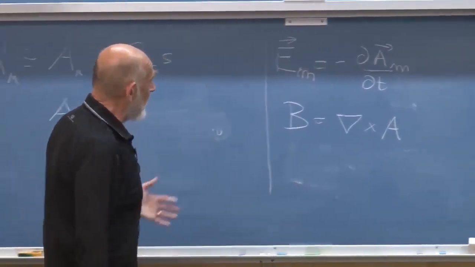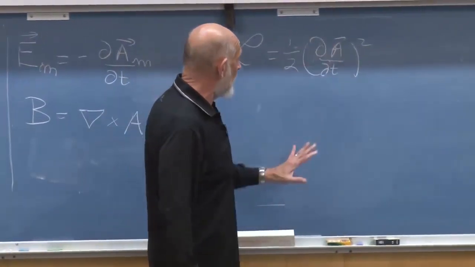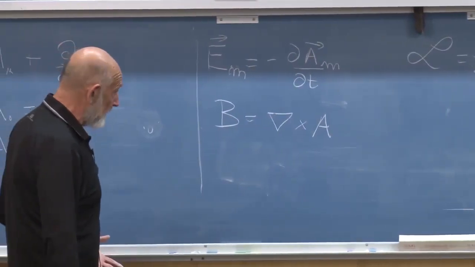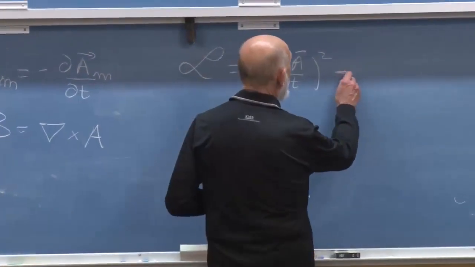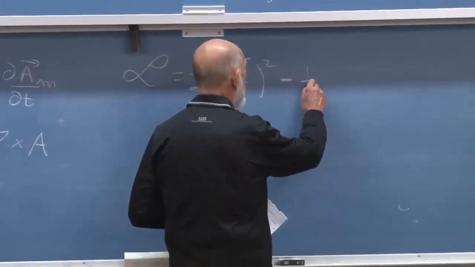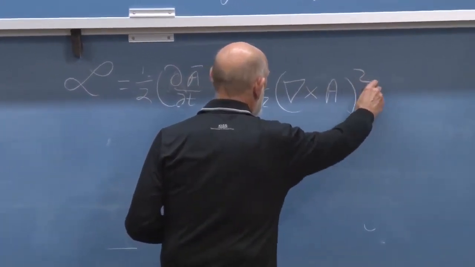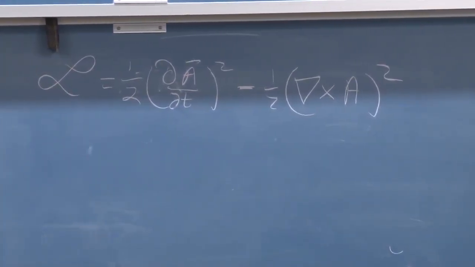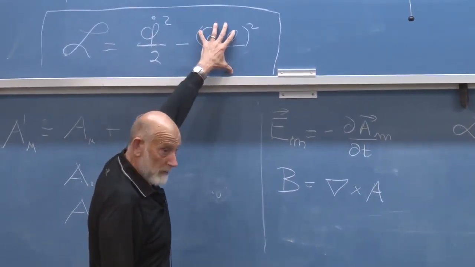So the first thing we see is that there's a kinetic energy, which is just the sum of squares of time derivatives of the basic fields. What about the second term? The second term is minus 1/2 B squared, which is minus 1/2 (del cross A) squared. Well, that doesn't look so different from this term. This term involves space derivatives. No time derivatives in here at all.